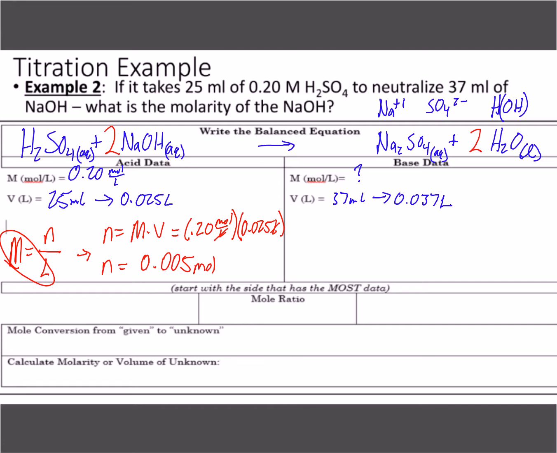So we figured out the number of moles of our standard solution. Again, what is the point we're trying to get to in a titration? It's called something point. Equivalence point. And what does that mean for us? It's not that the pHs are equal. It's the concentration of what? H plus and OH minus, guys. So in this titration example, they have performed a titration and said that at the equivalence point, 25 mL of sulfuric acid is used to neutralize 37 mL of NaOH.